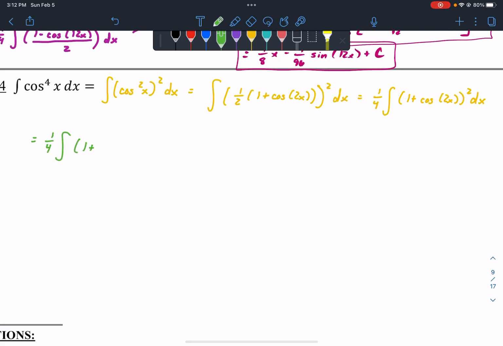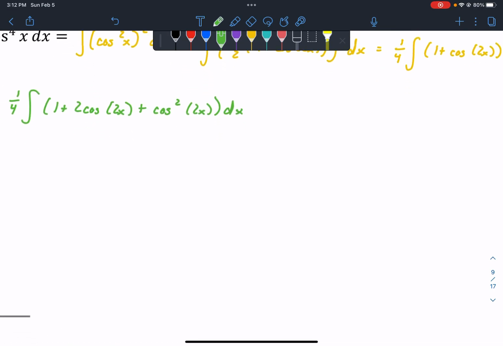I'm going to have 1 plus 2 cosine of 2x plus cosine squared of 2x. So now, unfortunately, this is another situation where you have to use a power reducing formula. That is not ideal. I do know how to integrate this and this by itself, so that part's not going to be a problem. But this guy right here has another power reducing formula.